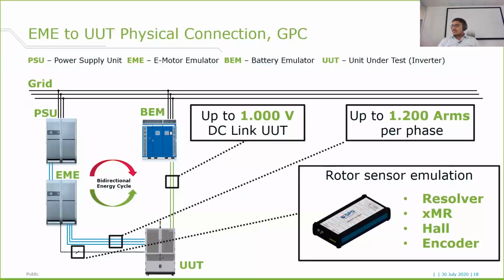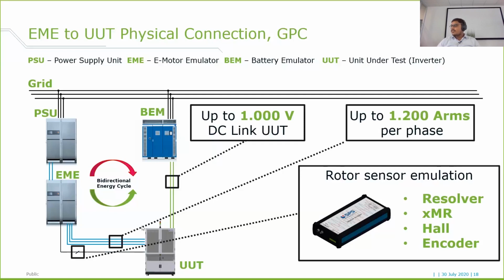So as we look at this, why is this requirement necessary, why the cycle over the grid? This is needed because it allows the user to include an actual battery in the test loop. That is one of the added advantages. And next, what are the key requirements to start the test?